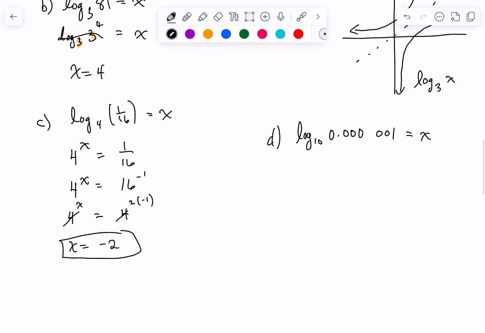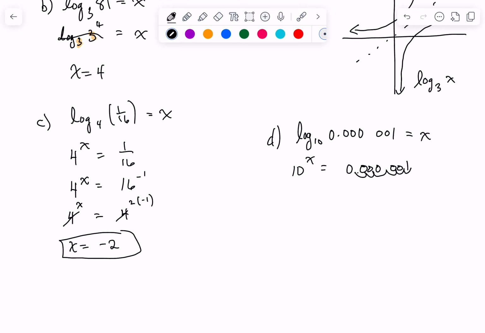Again, same thing: I'm just going to write this as 10 to the x has to equal 0.000001, which is essentially 6 decimal places. This is almost like scientific notation: how many times do I have to divide by 10?